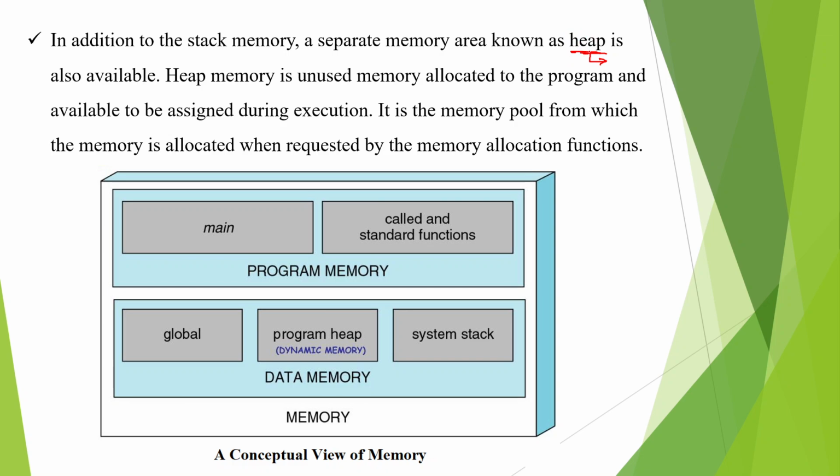So to use this heap memory, we need to write a program by using memory allocation functions. Okay, this memory pool, whatever heap we have, to use this memory pool we have to use memory allocation functions.